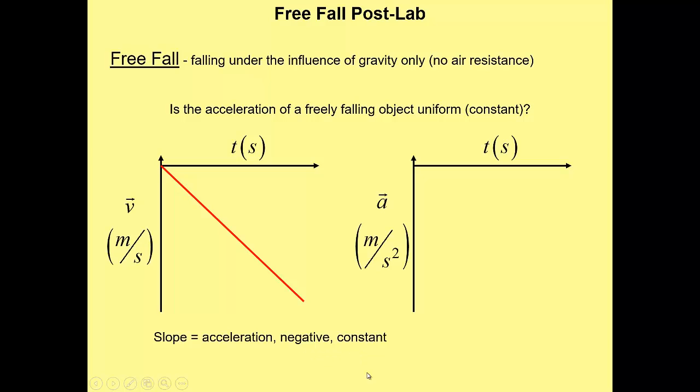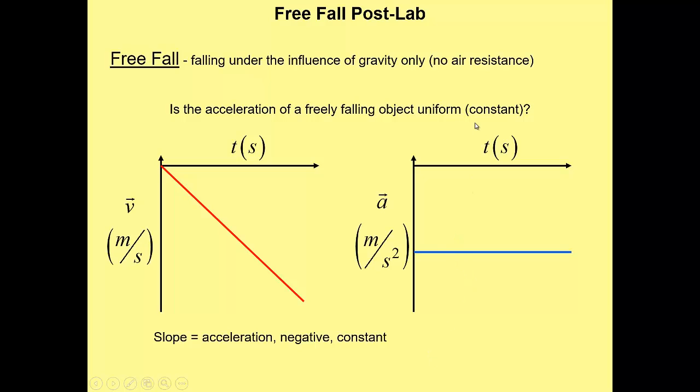So by looking at your velocity time graph, we can determine that the acceleration is negative and constant. Although I just had you sketch this graph, I didn't have you make it inside of graphical analysis. You can hopefully surmise that since your acceleration is negative and constant, on a graph of acceleration in meters per second squared versus time in seconds, a negative constant acceleration would look like this.